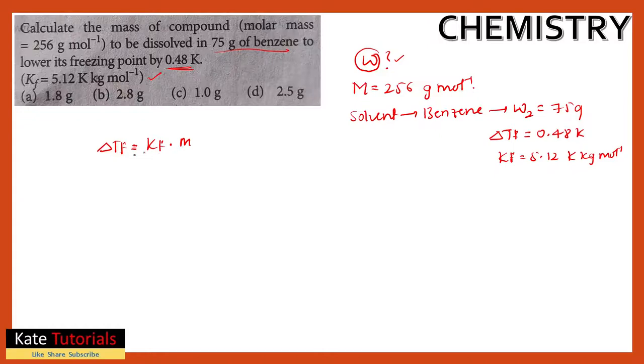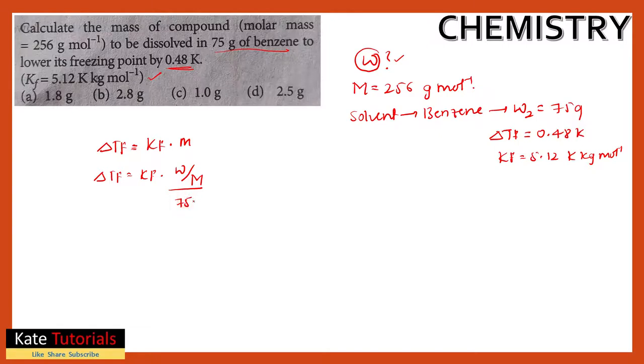So delta TF, the change in freezing point, is equal to Kf, a constant, times molality. This molality can be expressed as weight of solute divided by molar mass of solute, per kg of solvent. The solvent W2 they have given, that is 75 gram of benzene.